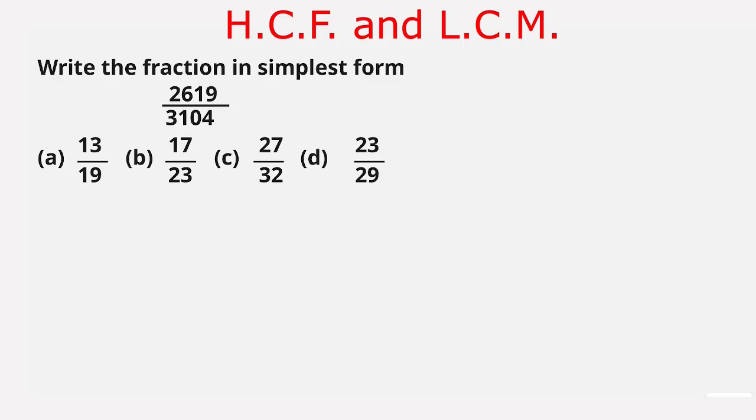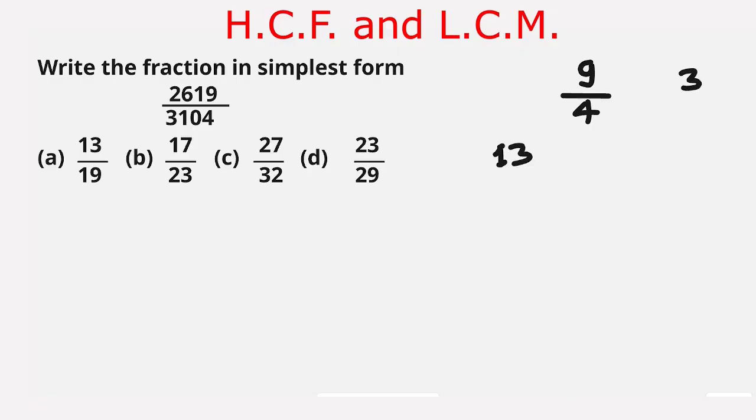Now we solve it by options. Option A and option D both have numerator ending with 3. 13 is ending with 3 and 23 is ending with 3. So if we divide the ones place of numerator, which is 2619, has ones place 9 by 3, then 3 divides 9 for 3 times.